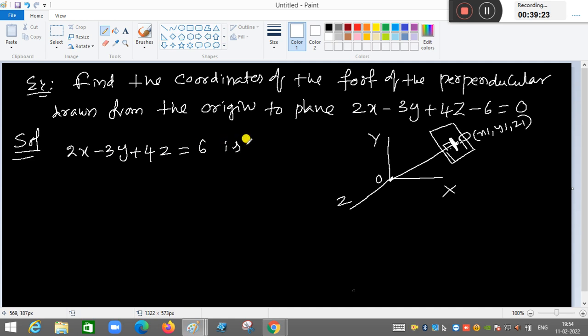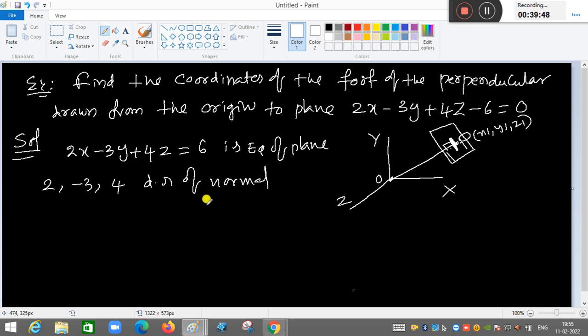This is the equation of the plane. What is 2, minus 3, 4? These are the direction ratios of the normal to the plane.